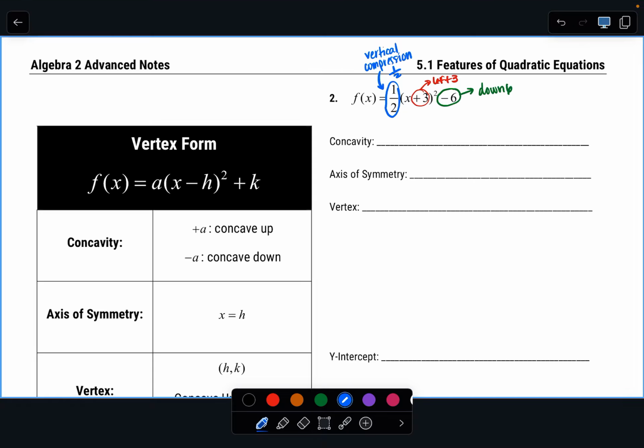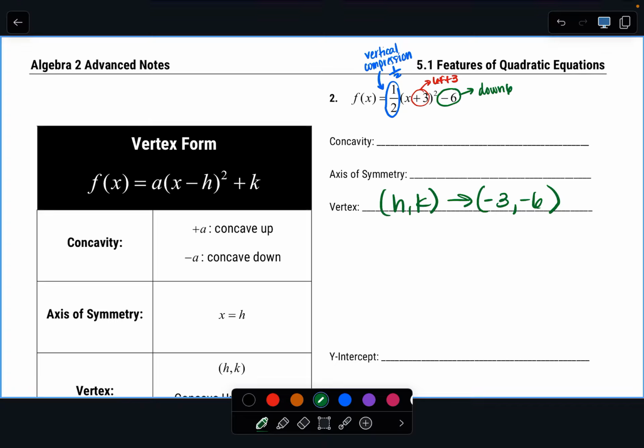So immediately from our transformations, I should be able to come in and say the vertex, because of HK again, the vertex is going to be at -3, -6, because I've gone left 3 and I've gone down 6. That is why I said it kind of flips. The vertex is pretty easy to find from vertex form. It's harder to find in standard form.